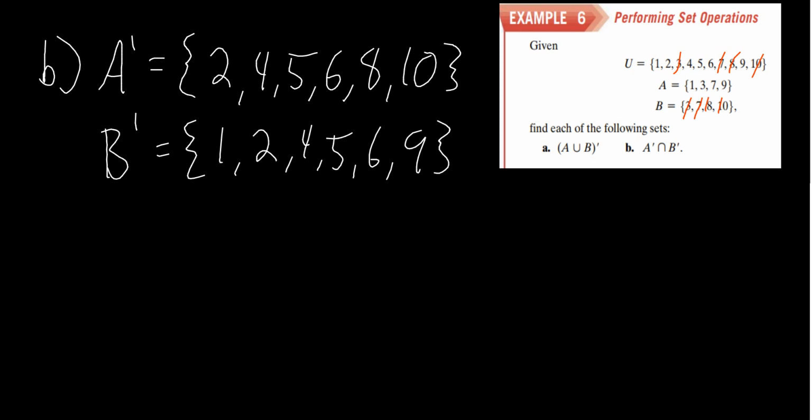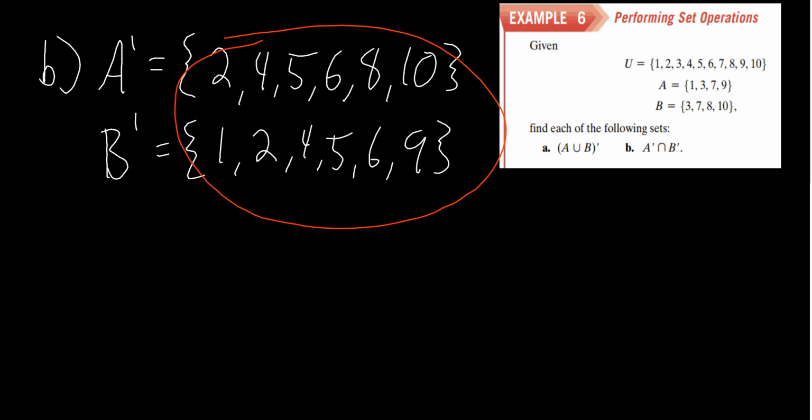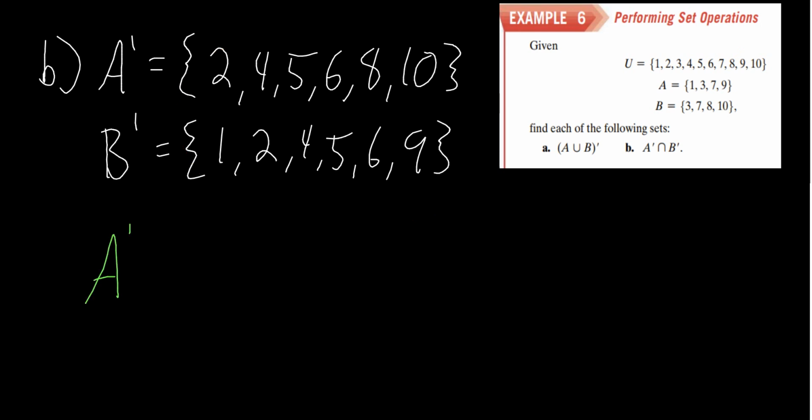Next, I need to find the intersection. If you recall, the intersection is all those elements that are in common with both sets. So I want to find the common elements of these. We'll write this as A complement intersected with B complement. That is going to be equal to the set.